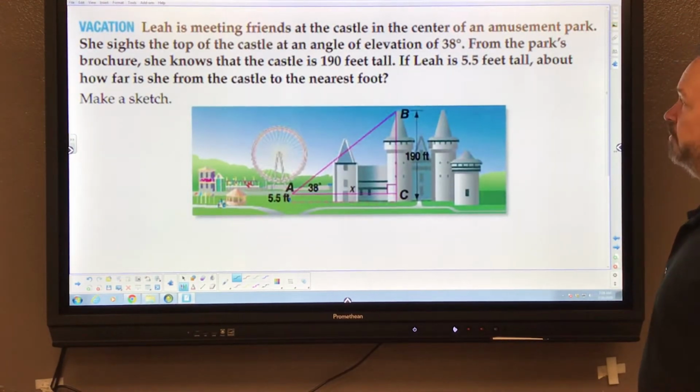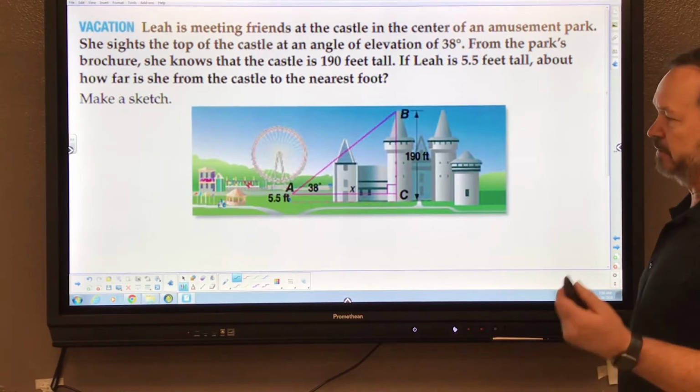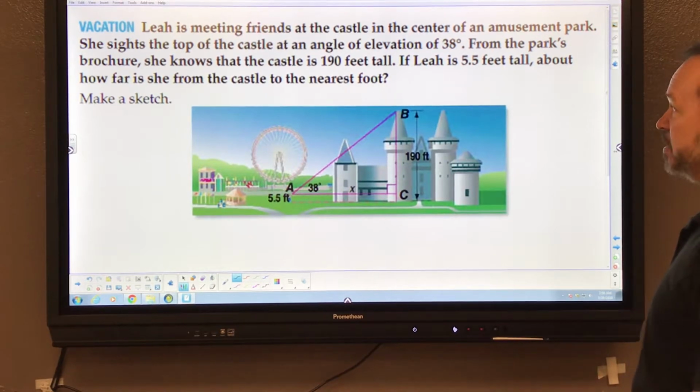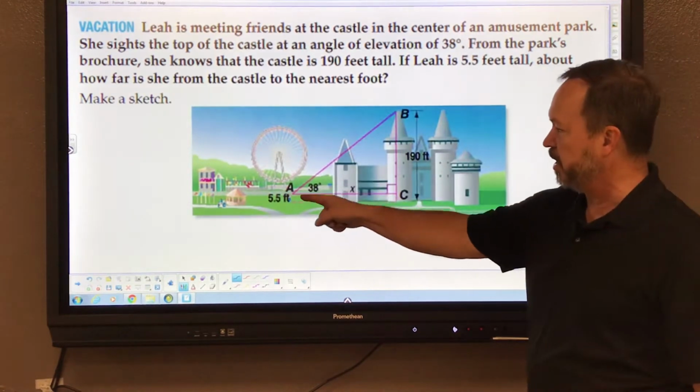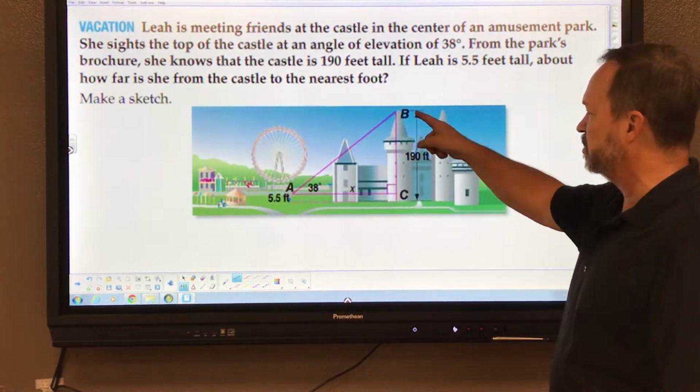Here's a real neat problem from the book. It says Leah is meeting friends at the castle in the center of an amusement park. I don't know if you've ever been to a park with a castle or not, but I have. She sights the top of the castle at an angle of elevation of 38 degrees. So you can see she's standing here, looking at the castle tower.